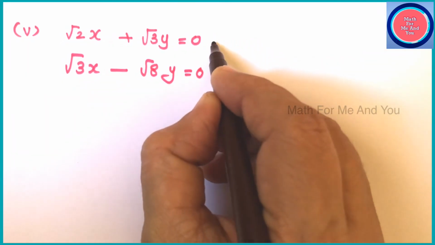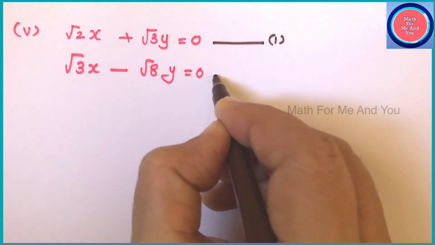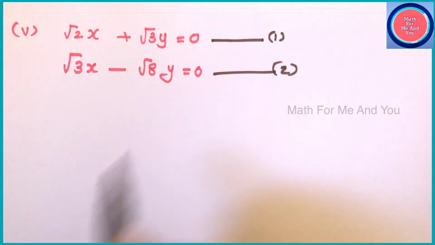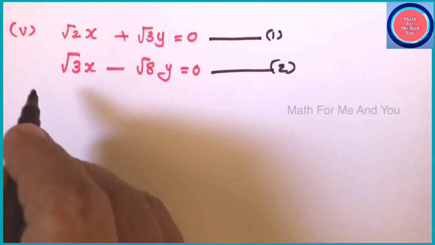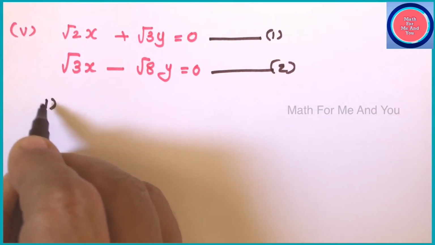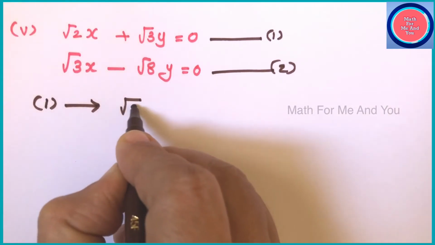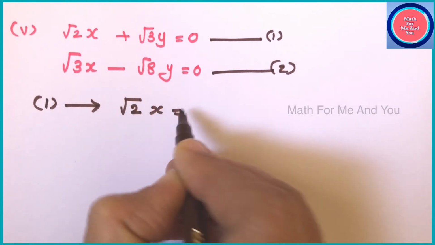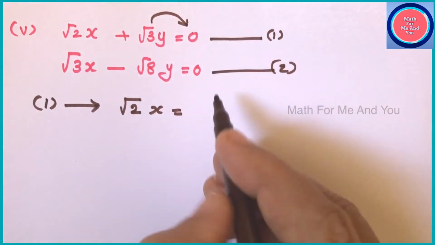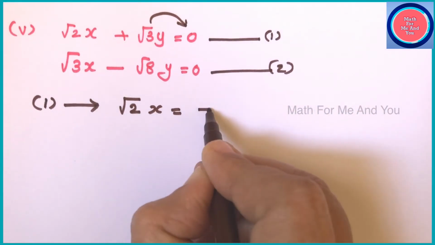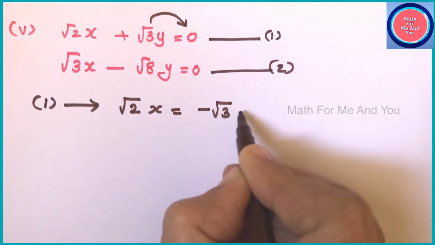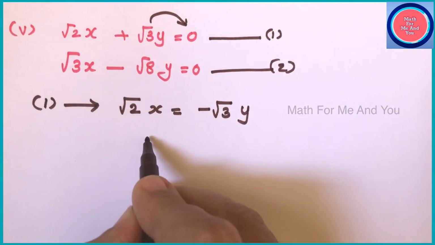Next pair, we can see with the roots. So we put them as equation number 1 and equation number 2. Then select a simple equation. Here when we compare the two equations, we can select equation 1, and from equation 1 select any of the variables x or y. I am keeping x on the left side, moving the y term to the right side. Then root 2 x equals minus root 3 y.